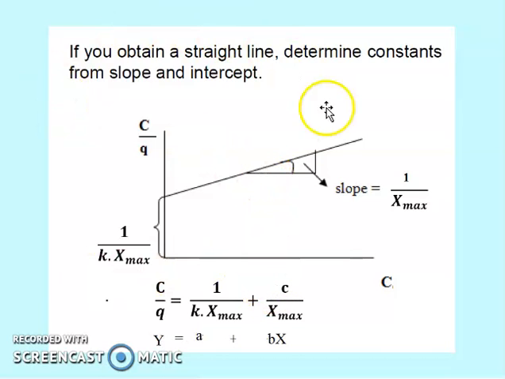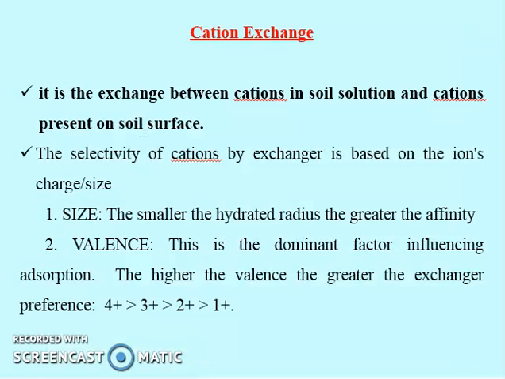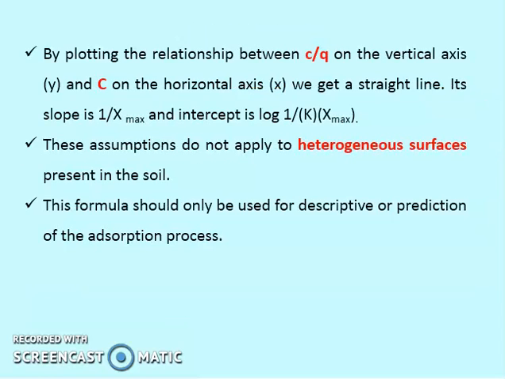So by using these Langmuir equations, you are able to calculate binding energy and X max, the energy of binding between adsorbent and adsorbate. Okay, then we now finish the two last models. I hope it was understandable, and thank you.